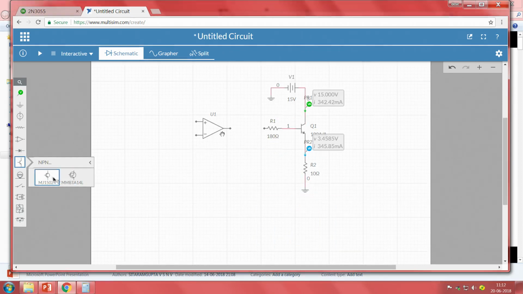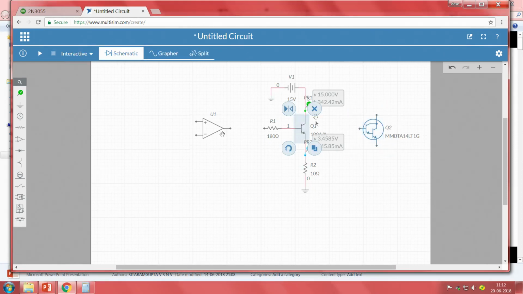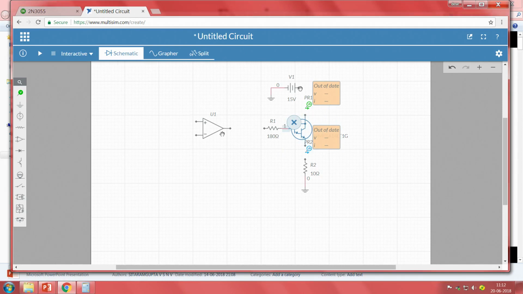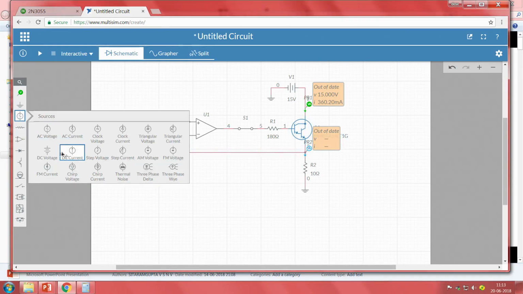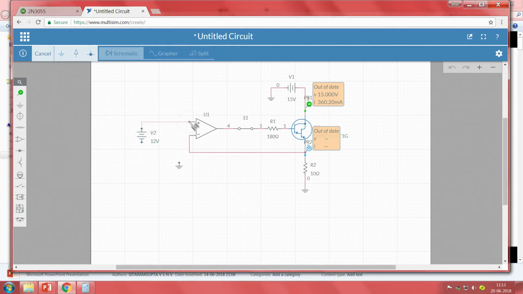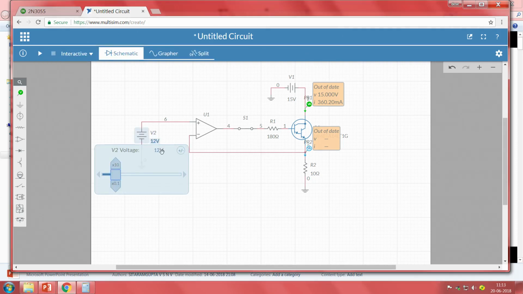Now, let me take this power transistor. I am connecting it here, negative connecting it here. Then this should be connected to a voltage source, and ground. So, the maximum voltage is 1 volt.